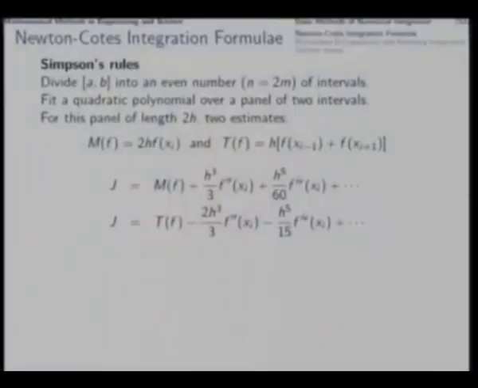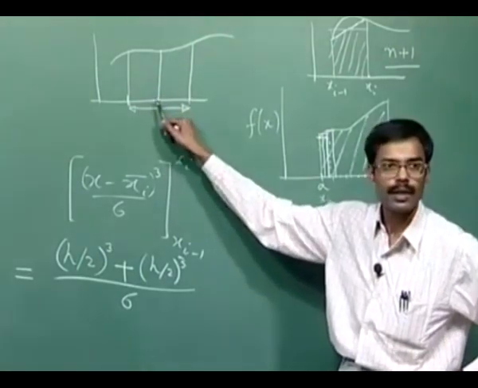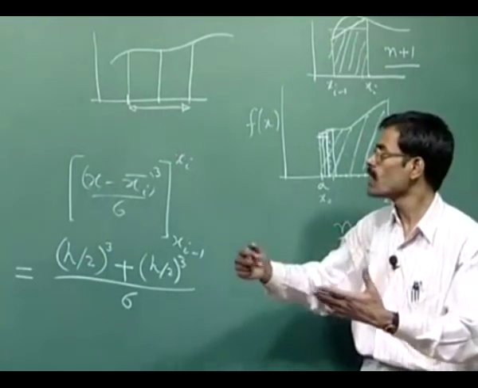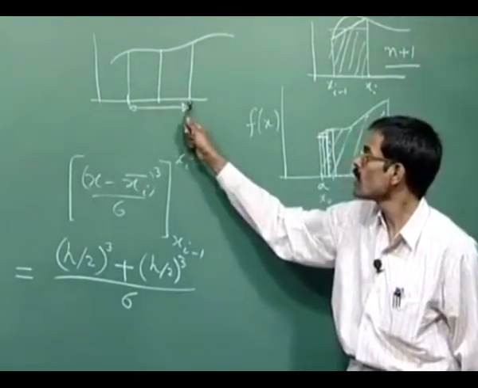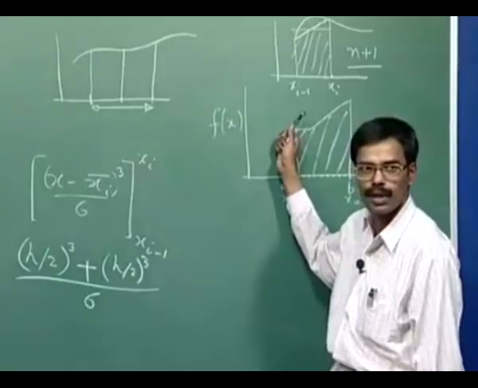So in Simpson's rule, what we do is divide the overall domain into an even number of intervals. Why even? Because in every step we will use double the size of the interval. That is, if we have 2m intervals, then 2 subintervals here, 2 subintervals next, 2 subintervals next, and so on.